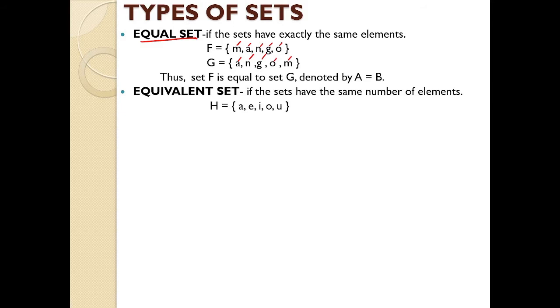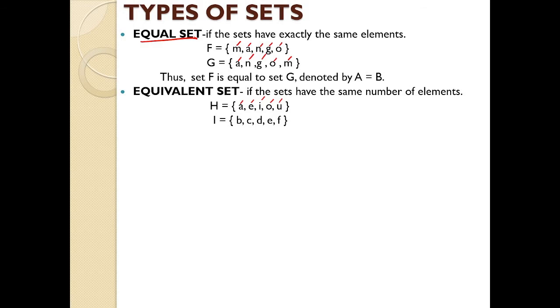Look at this one. How many elements are there in set H? 3, 6, 9, 12. Count them: 1, 2, 3, 4. How many elements are there? 5 elements. Look at this one.